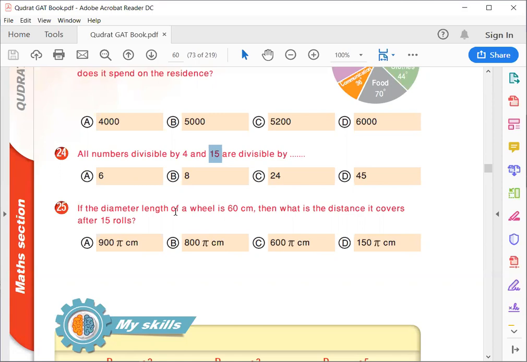Like 60. 60 is divisible by 4 and 15. The options are 12, 13, 10, 6. The answer is 6. All numbers divisible by 4 is 2 times 2, and 15 is 3 times 5.